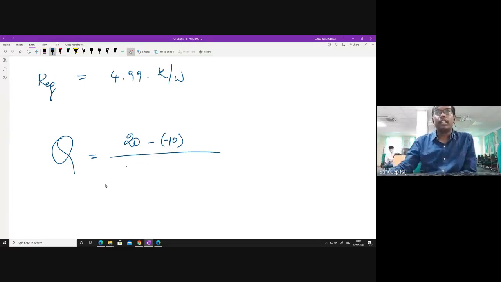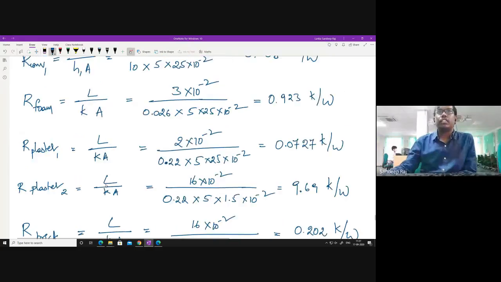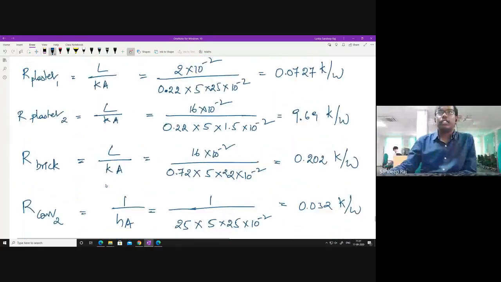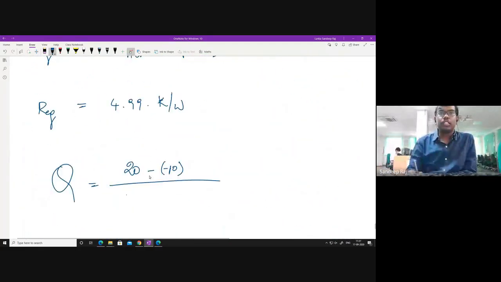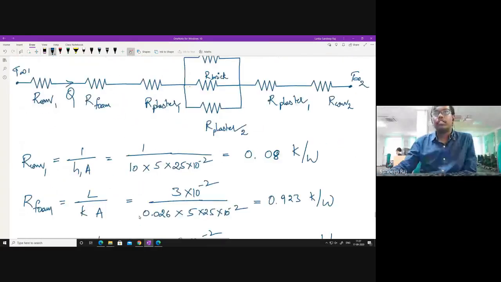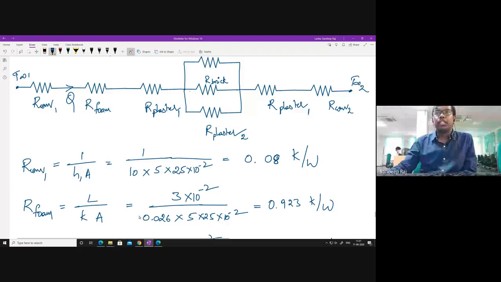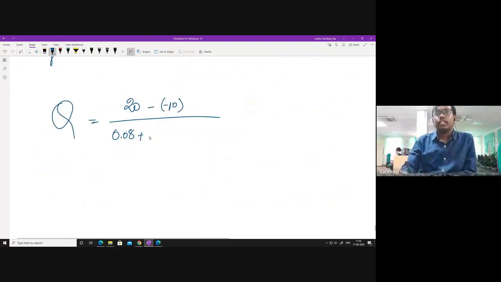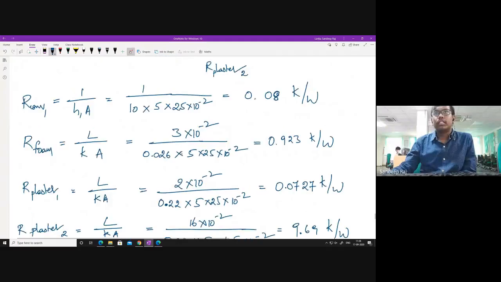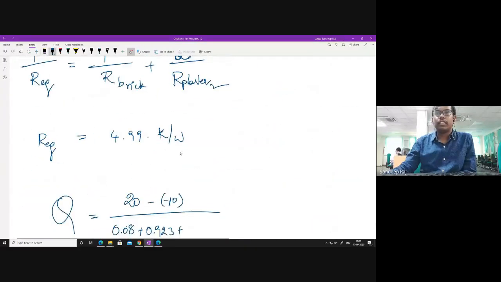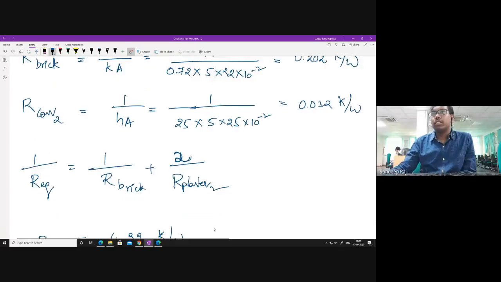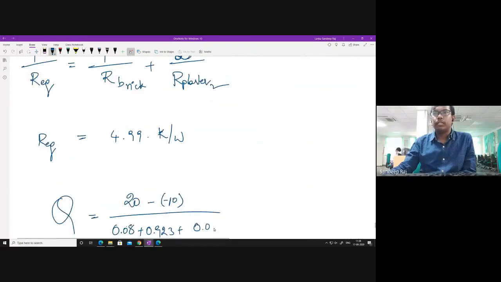First you will have R convection, 0.08, plus after R convection, R foam, 0.923, plus after foam, you have plaster 0.0727.